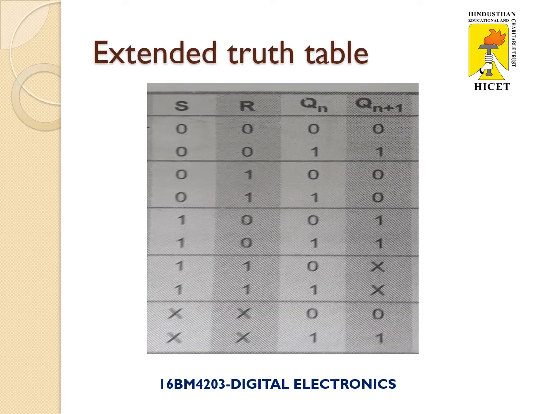By using all this information, here I have developed the expanded truth table. Now first case, S equal to 0, R equal to 0. Qn is the present state, Qn plus 1 is the next state. So Qn we assume 0. So Qn plus 1, already you know, 0, 0 input applied to the SR flip-flop, no change.